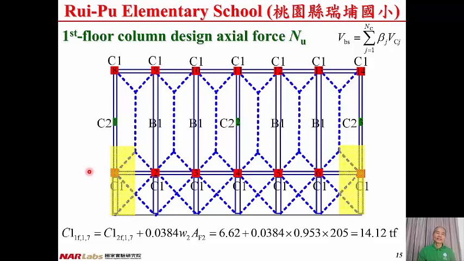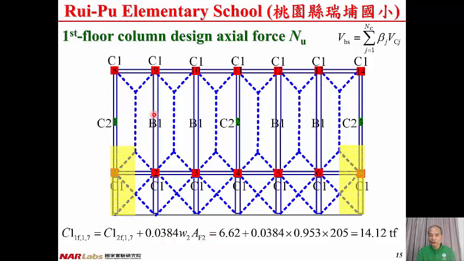Similarly, for the column on the first floor, we can have the design actual force. We take the C1 column as an example, for number 1 and number 7, and it counts for 0.0384 AF2.